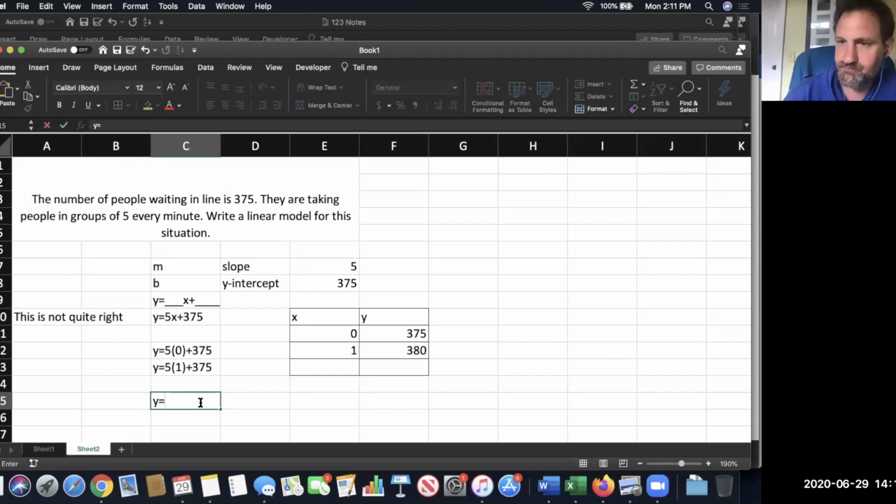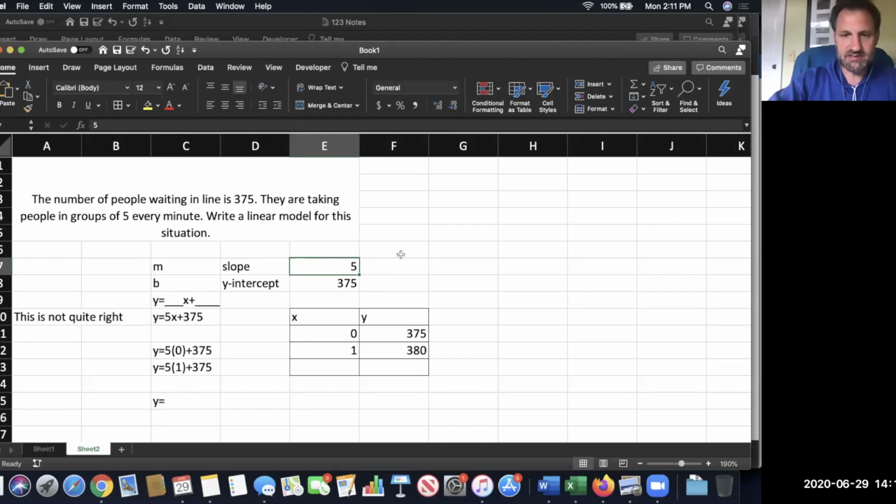It's a decrease. If it's a decrease, then how do I represent that? Change this slope number to represent the fact that it's a decrease.